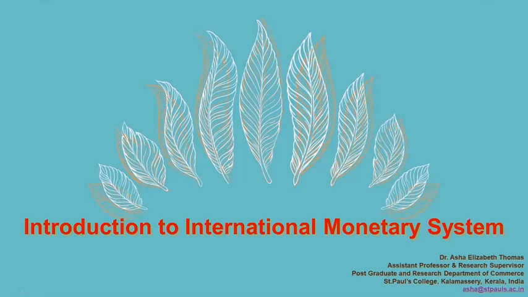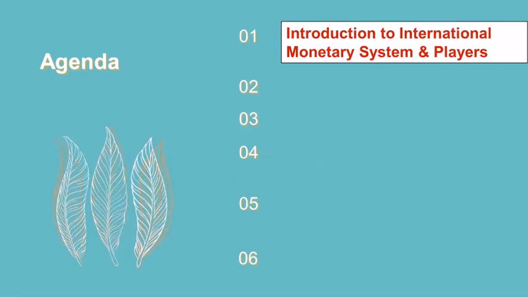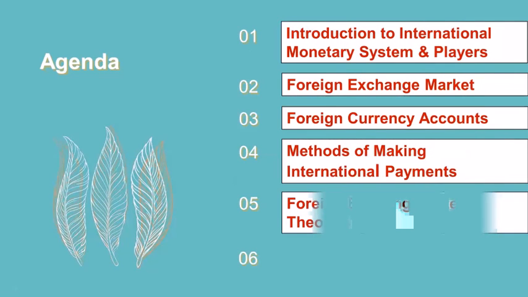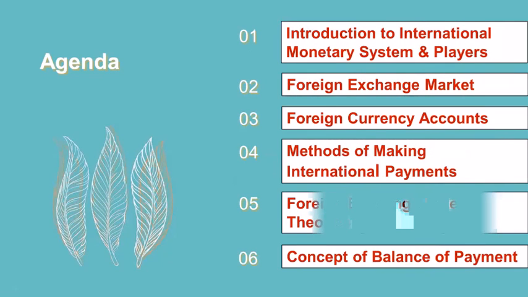So this is the background for our module on the international monetary system. Are you with me? Can we move further? Right. Now just look at the agenda, what we will be having. We will be discussing the international monetary system as well as the players involved in that.